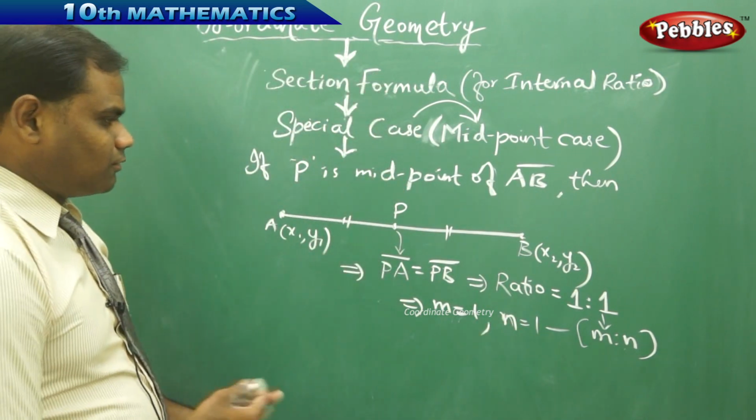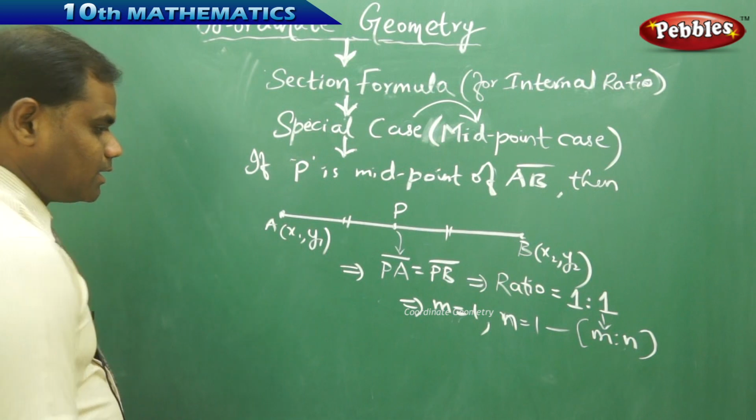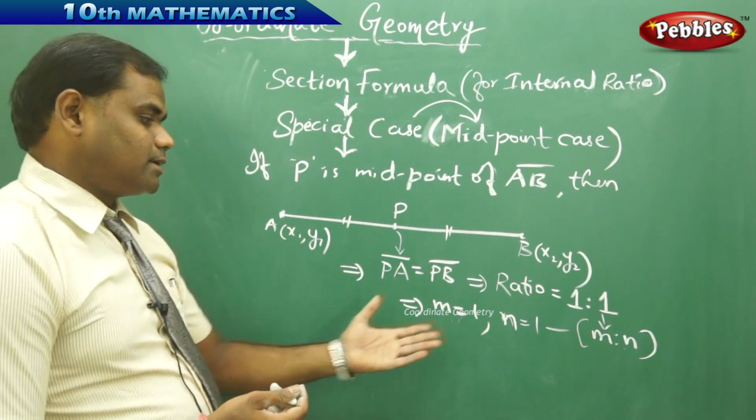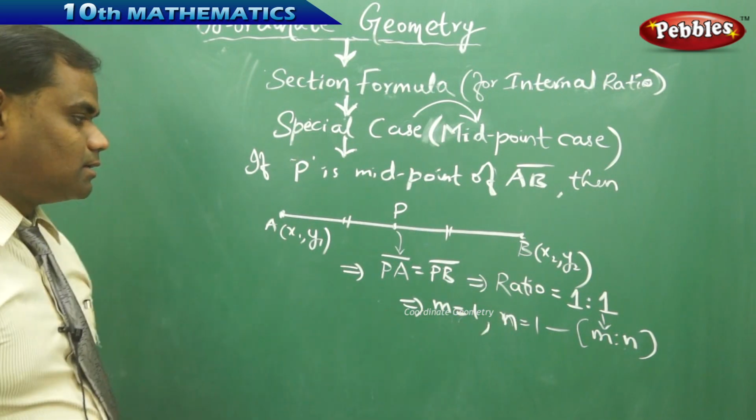Now, as I have the formula for finding the coordinates of P as (mx2 + nx1)/(m + n) and similarly for y, let's see how this reduces.